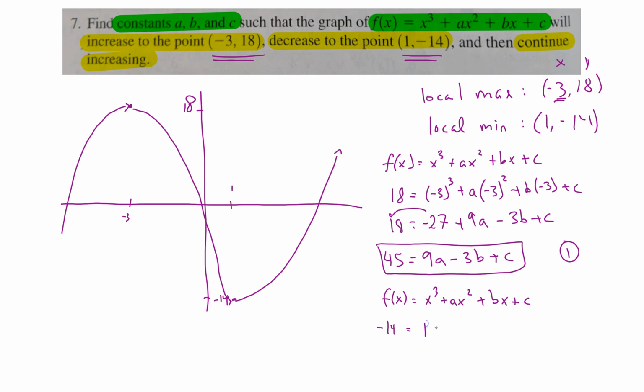So we have 1 plus 1 times a plus 1 times b plus c. So we have negative 15, so I'm just sending this over that way, is equal to a plus b plus c. That'll be our equation 2.